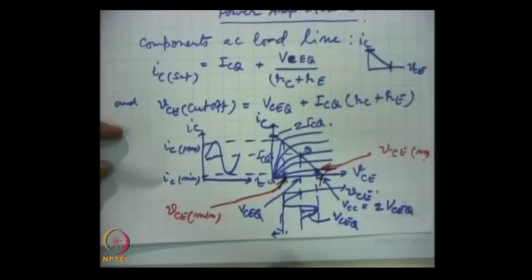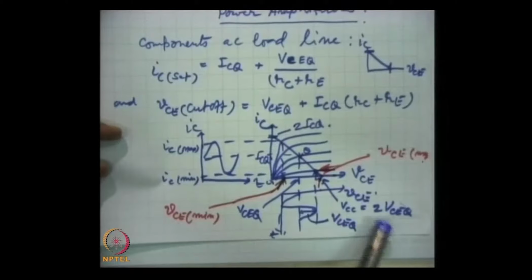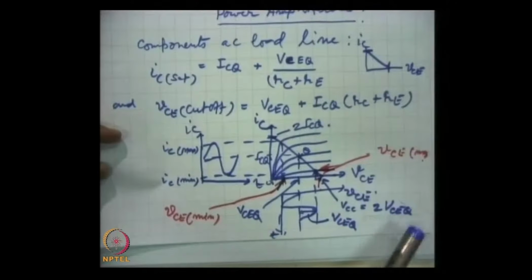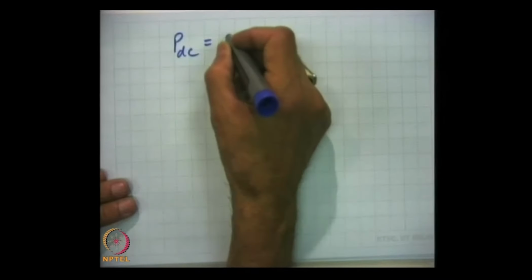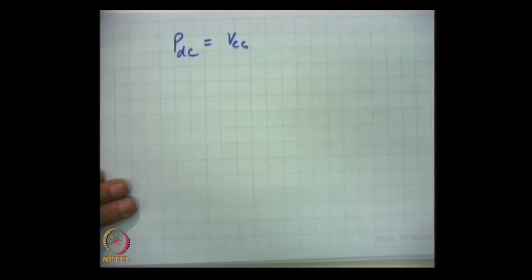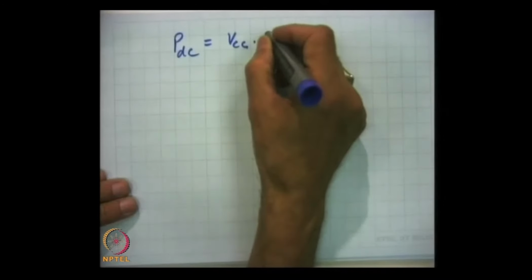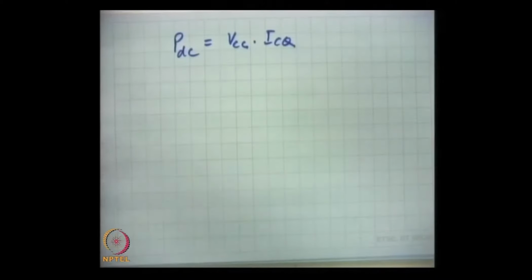The DC voltage source here is VCC, which is of course equal to 2 VCEQ. So the DC power delivered to the circuit is, the voltage is VCC, and the current drawn is ICQ, that is the current in the absence of the signal.